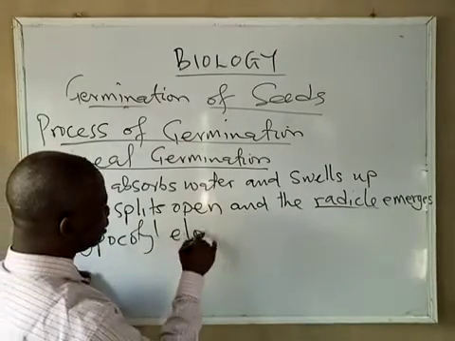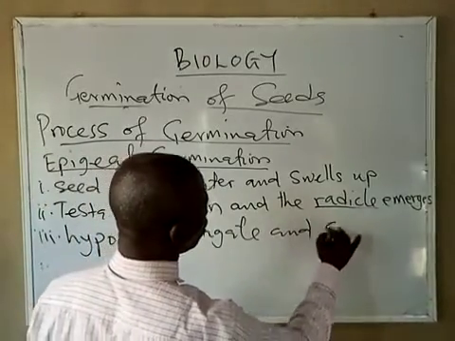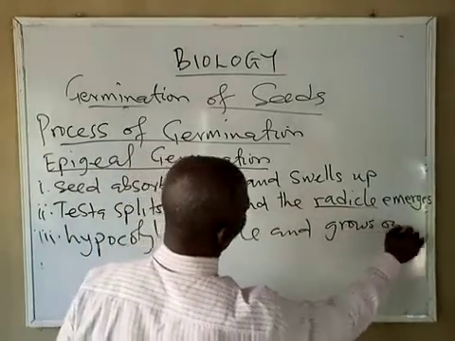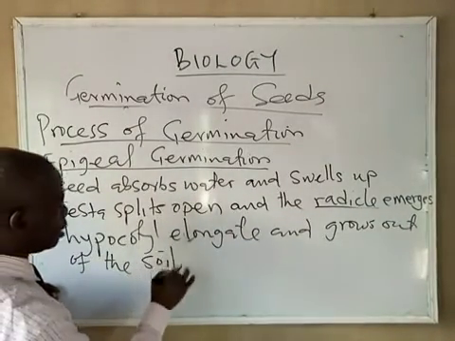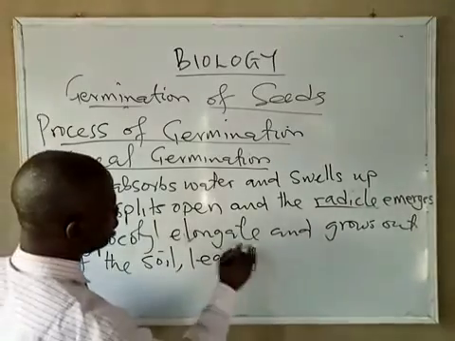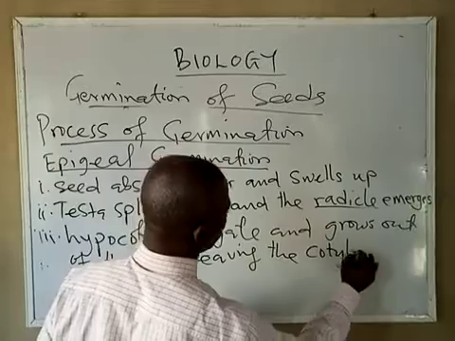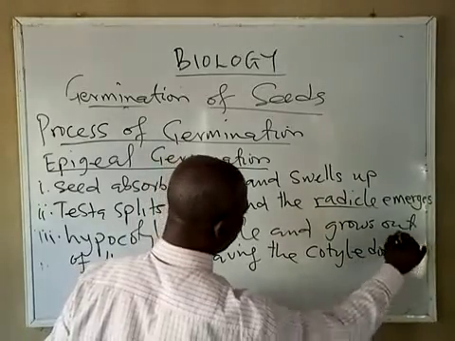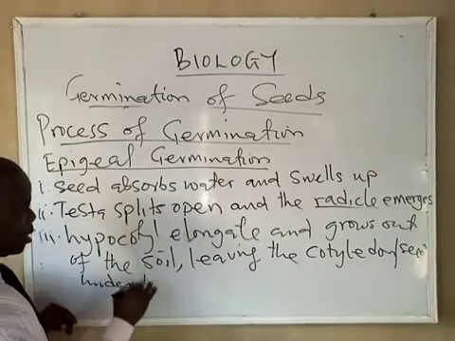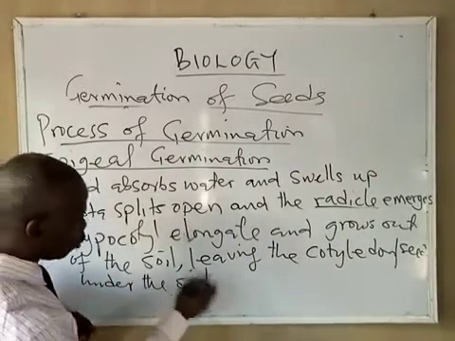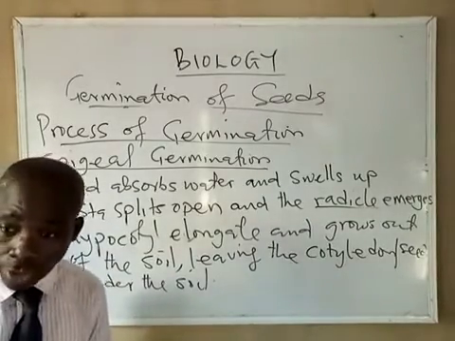It will also elongate and grows out of the soil, leaving the cotyledon or the seeds under the soil, leaving the cotyledon or the seed under the soil.